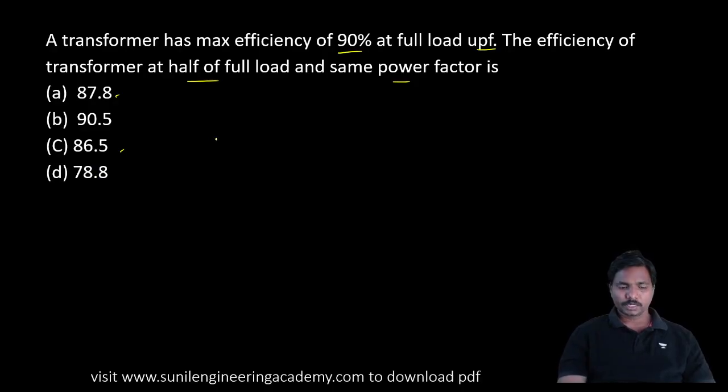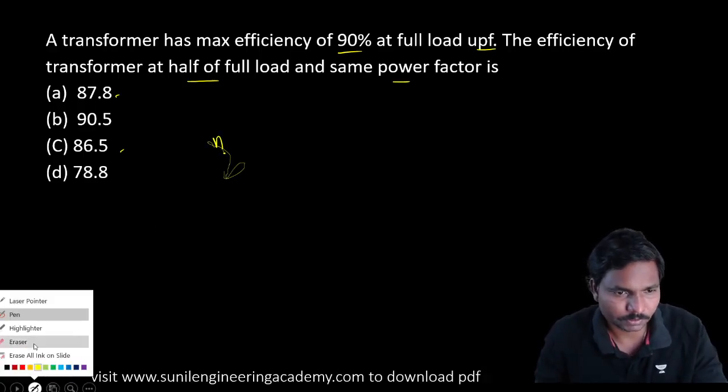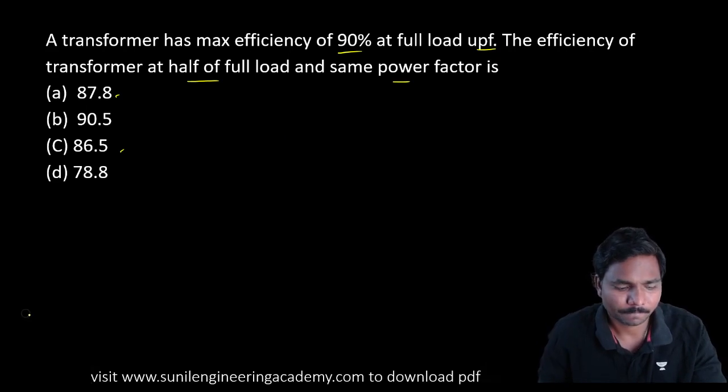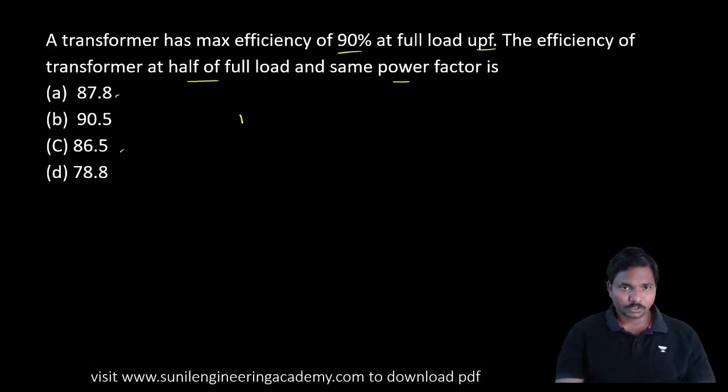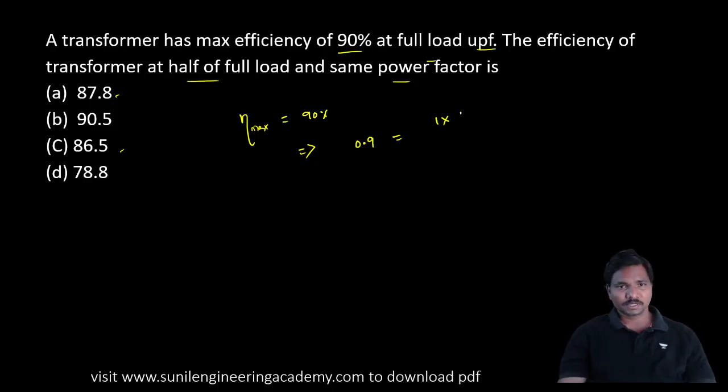So here the maximum efficiency is given as 90%. When will we get the maximum efficiency? Whenever the copper loss is equal to the iron losses. So 0.9 is equal to x into kVA into power factor over x into kVA into power factor plus losses. Full load is given, so x is 1. Let us take kVA as 1 and power factor as 1.